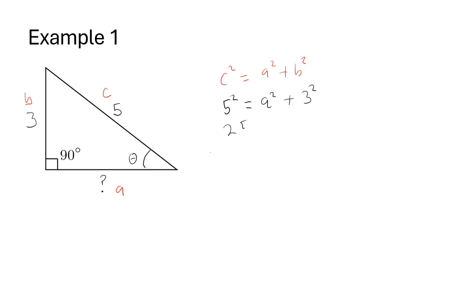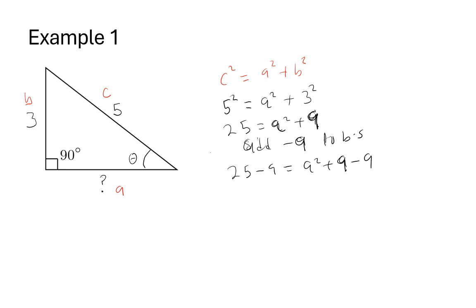Here we have 25 is equal to A square plus 9. To find A square, we add minus 9 to both sides, so we have 25 minus 9 is equal to A square plus 9 minus 9.